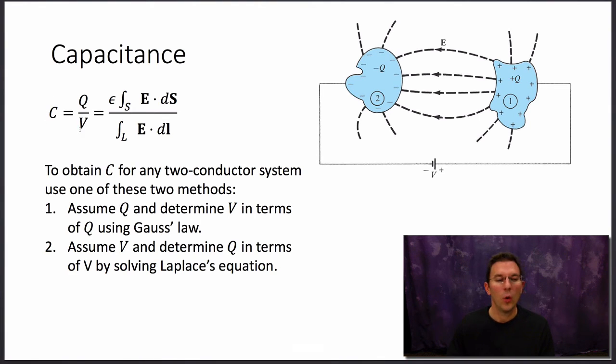All right. What that essentially means is that the more potential difference that you need to separate the charges, the less efficient your system is.